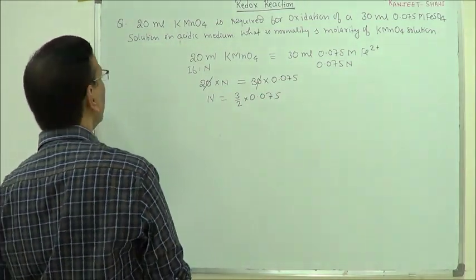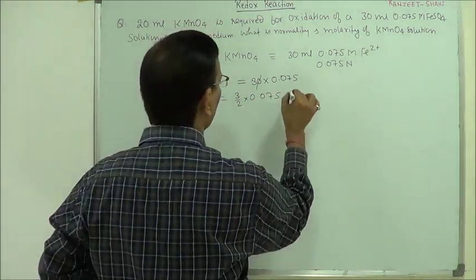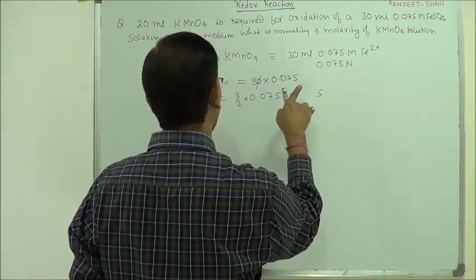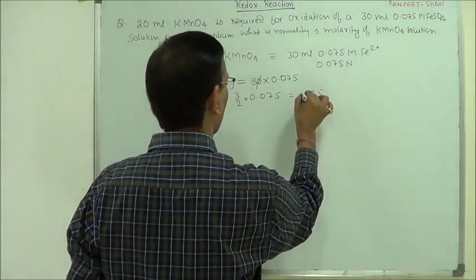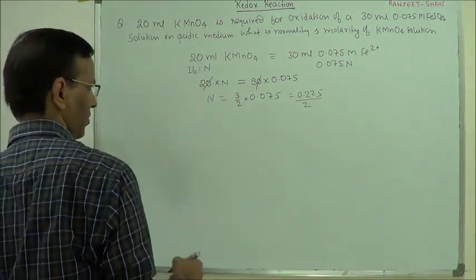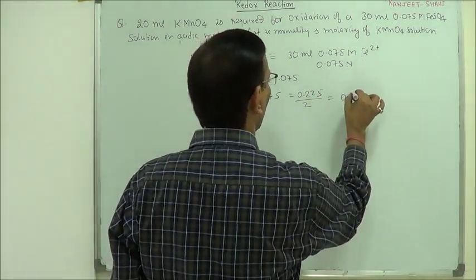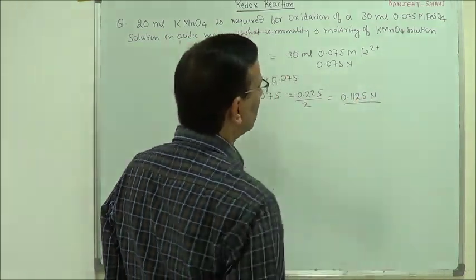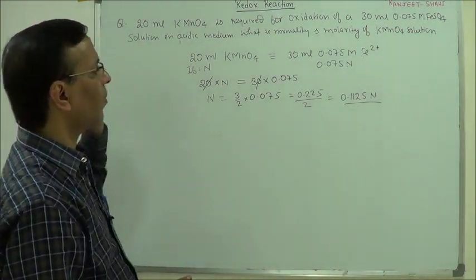If we simplify it, it is for KMnO4. So it would be somewhere around 0.1125 normal. That is the normality of the original potassium permanganate solution.